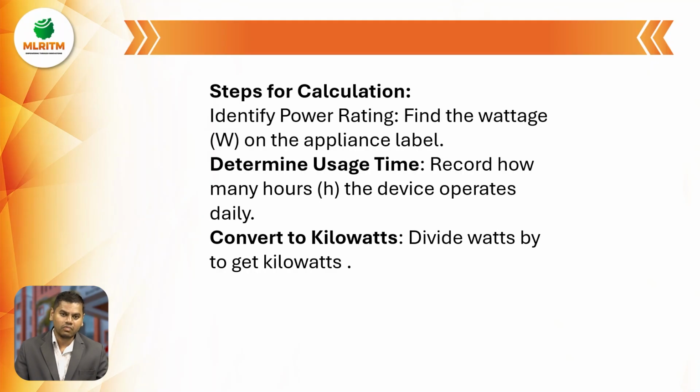How do we identify the power rating? Find the wattage on the appliance's label. If there is any equipment, find the wattage on the equipment's label. This is one of the steps for calculation.